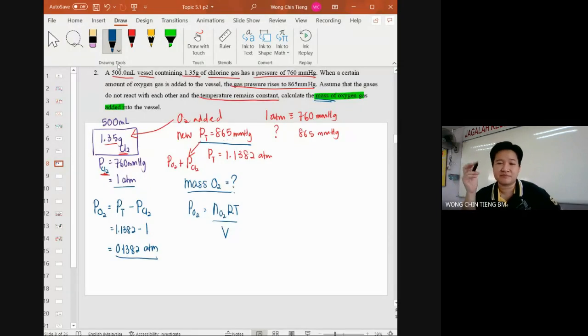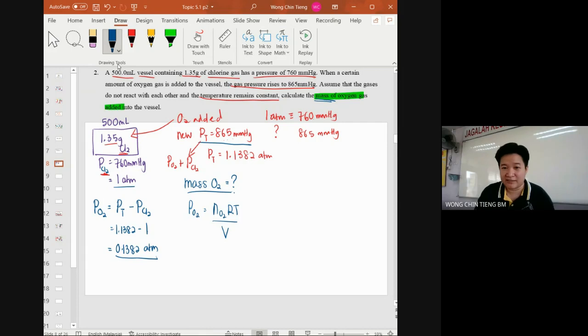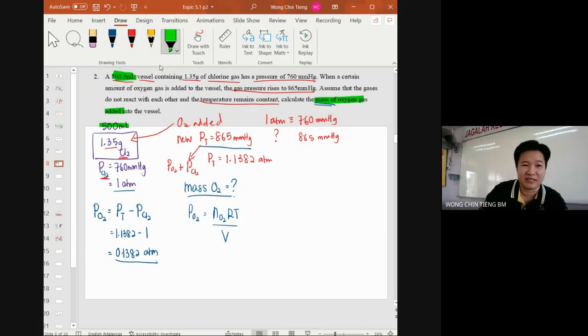Kenapa stuck? Tak ada T. Ada V, volume ada. P tak ada. T tak ada. Betul? Alright. T tak ada.